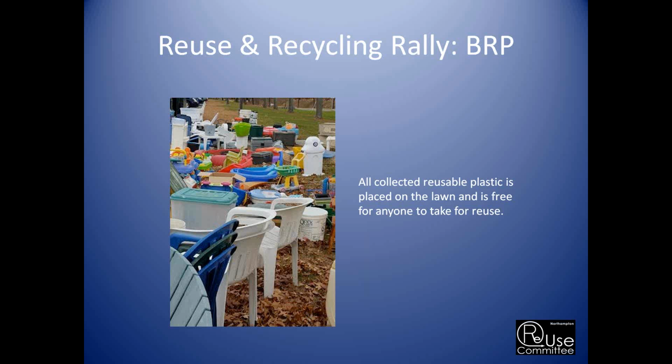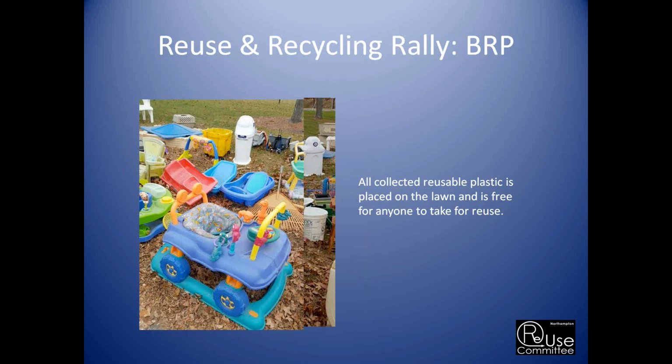We usually have about a 40-yard roll-off, and we probably give away for reuse at least 1.5 roll-offs worth of plastic. And we usually fill a roll-off or a roll-off and a half with remaining broken plastic.